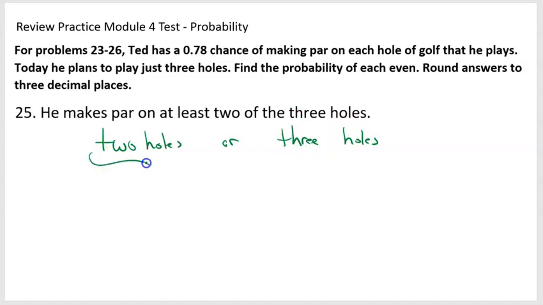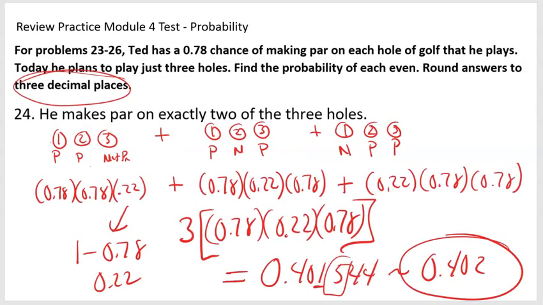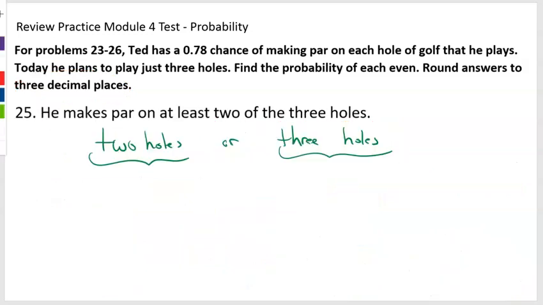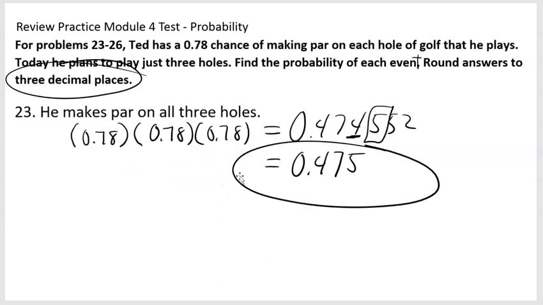Okay? Hey, we've calculated that. Exactly 2 holes, and we've calculated that. Let's go back and find the exactly 2 holes. That is problem number 24, 0.402. So I'm going to fill in that information: 0.402. Or, then we add 3 holes. Didn't we calculate that he makes par on all 3? We did.